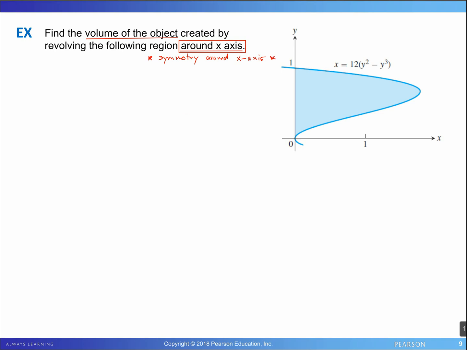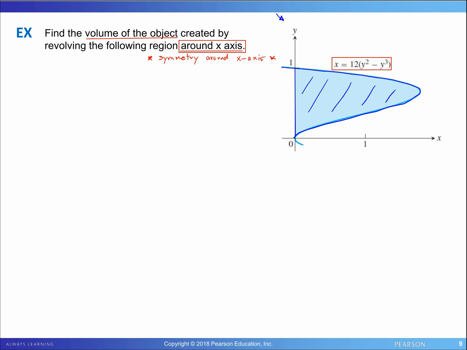Now we take a look at this region on the right-hand side. So we have this blue curve, and the equation for this curve is right here: x equal to 12 times parenthesis of y squared minus y cubed. As you can see, this blue region is trapped between the curve and the y-axis.